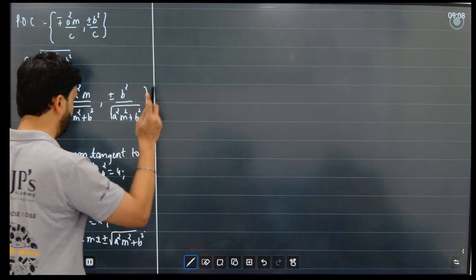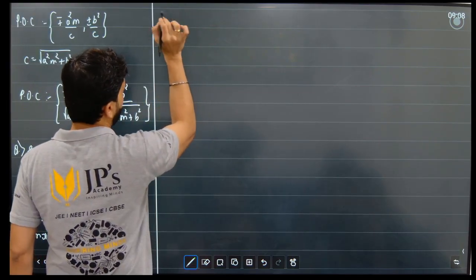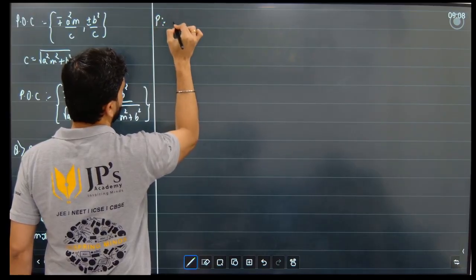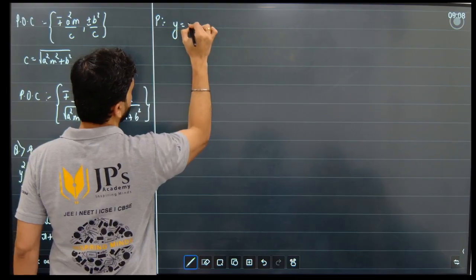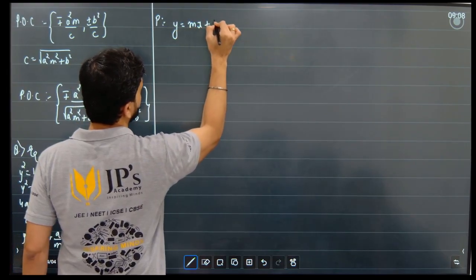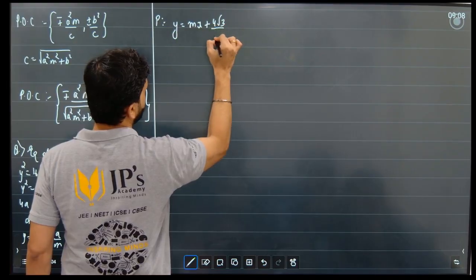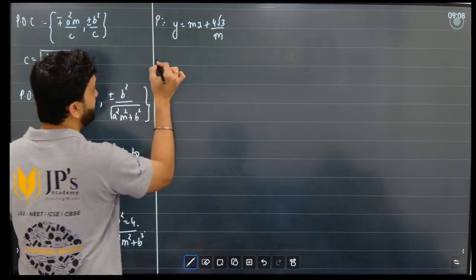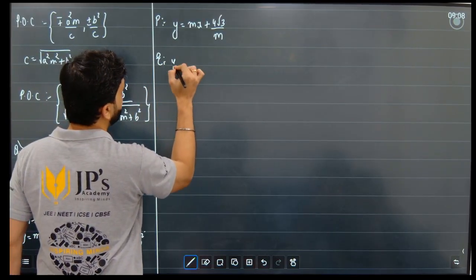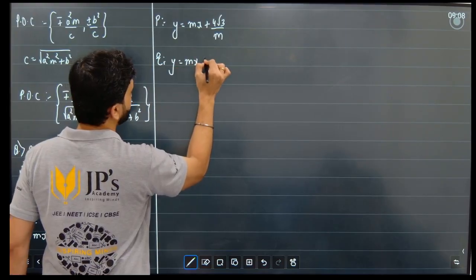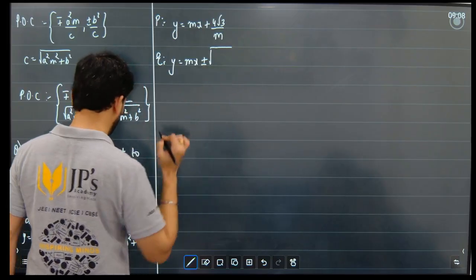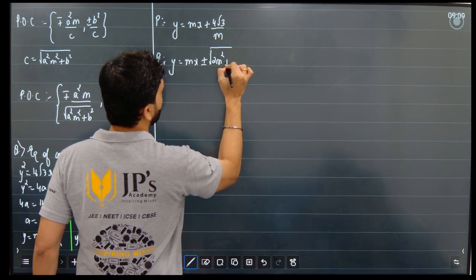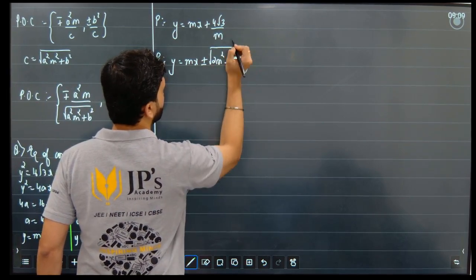In other words, if I write it here, first, for parabola, it will become y is equal to mx plus 4 root 3 by m. See what I have done is substitute the value of a, and for ellipse, it is y is equal to mx plus minus under root of 2m square plus 4.